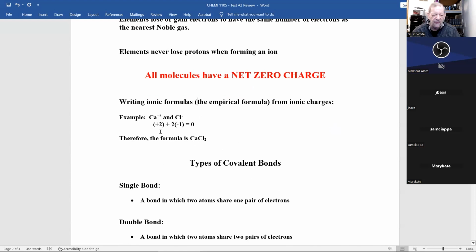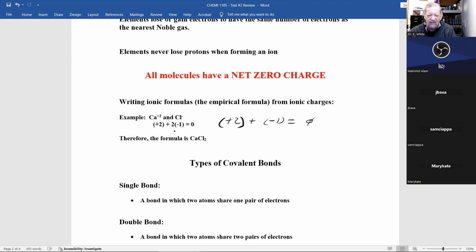Well, if you notice, calcium has a +2. And chlorine is a -1. And it has to add up to 0. Ooh, it doesn't. You can't change the charge, but you can change how many of that ion is present.